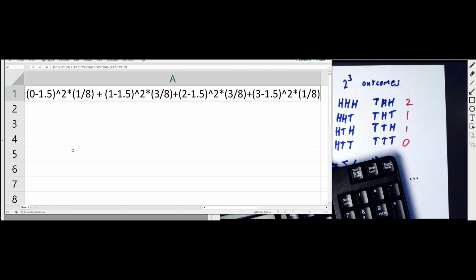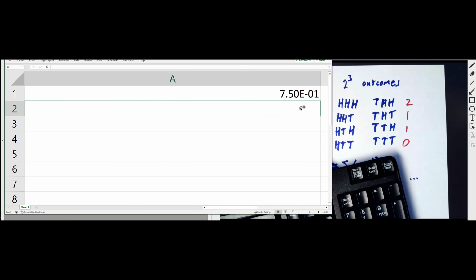Forgot to put my equal sign in here, so let me put my equal sign in here. And it is 0.75. Okay, it's being displayed in exponential notation here, but it's 0.75.